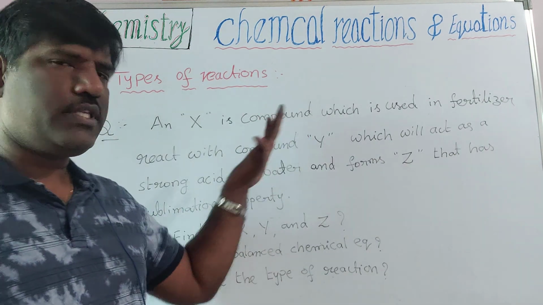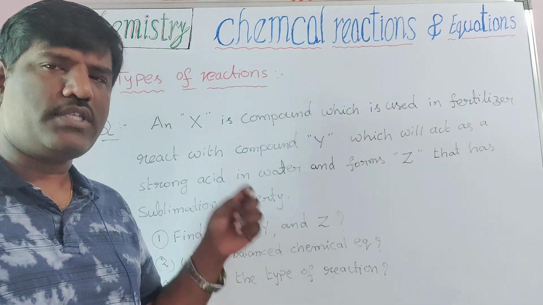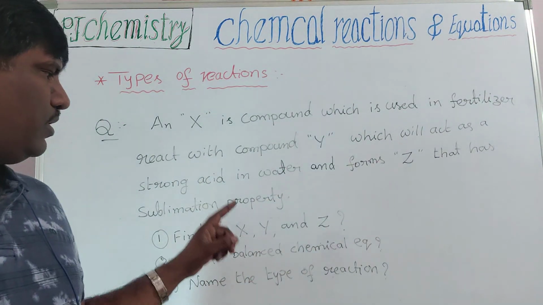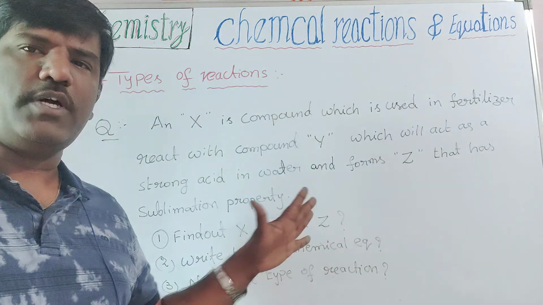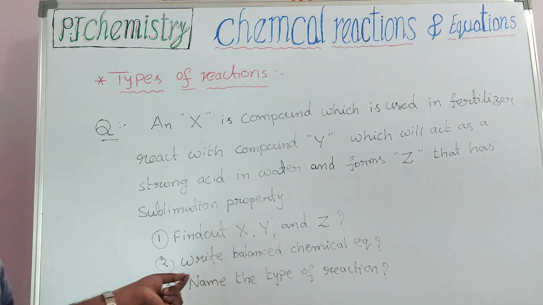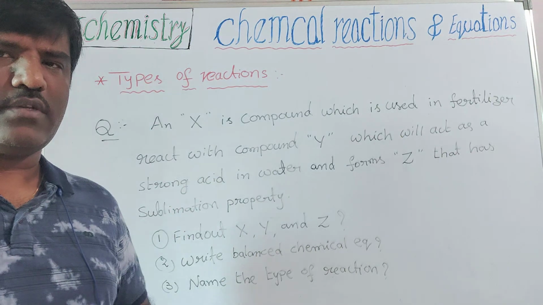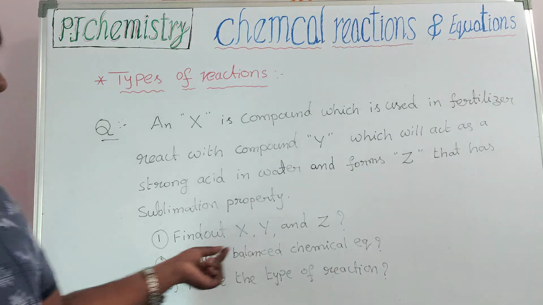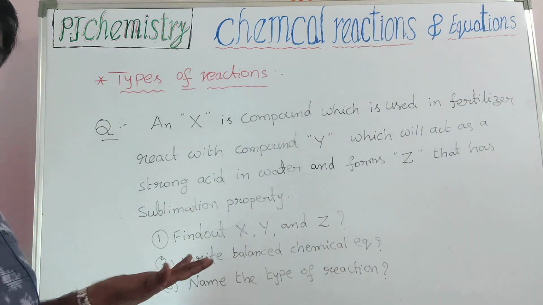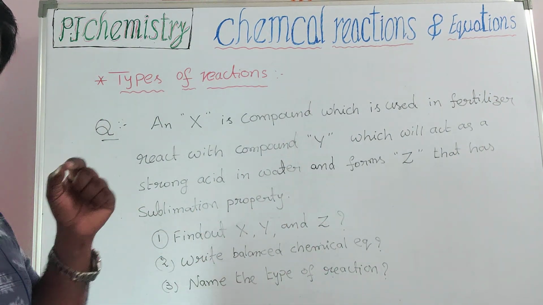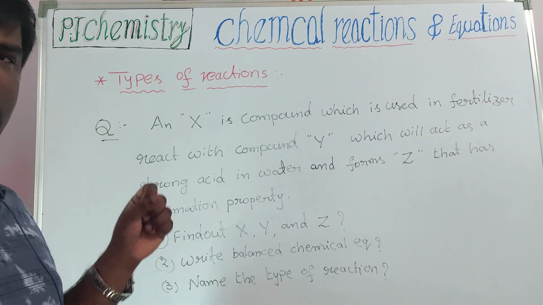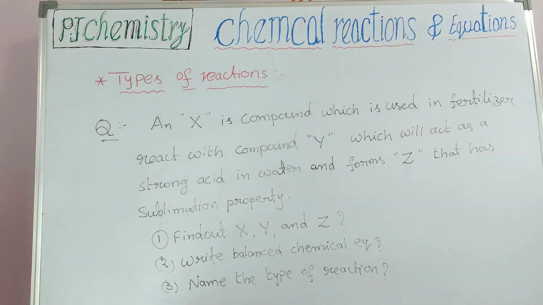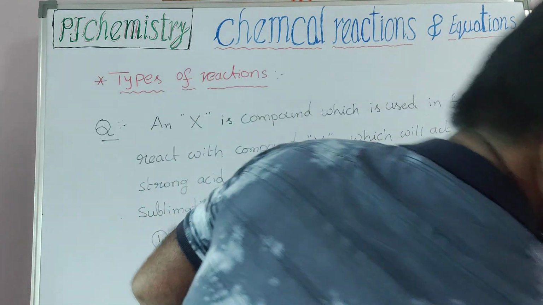So through this hint, we need to find out what is X, what is Y, what is Z. 3 marks, just X, Y, Z. And then one more sub question, write the balanced chemical equation based on X, Y, Z. After writing the balanced equation, find out the type of reaction. Okay, now start to write the answers.